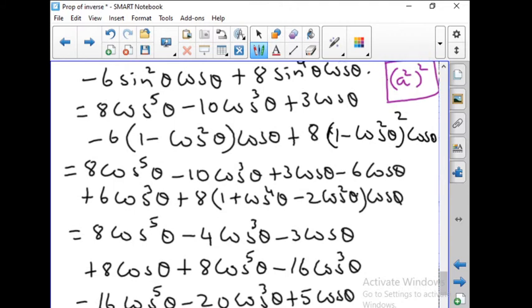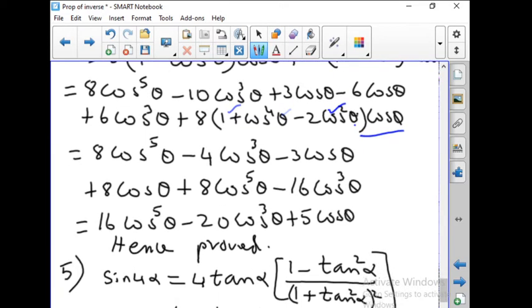So 8 cos power 5 theta minus 10 cos cube theta plus 3 cos theta, minus 6 cos theta multiplying cos cube theta, minus 6 cos cube theta and plus 6 cos cube theta. Then 8 into, expand that, a minus b the whole square. So 1 plus cos power 4 theta minus 2 cos square theta into cos theta. Now again you multiply.